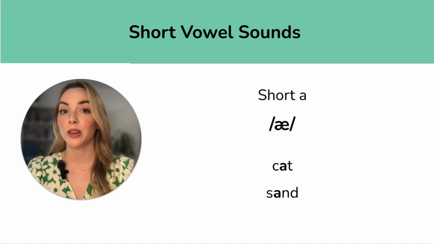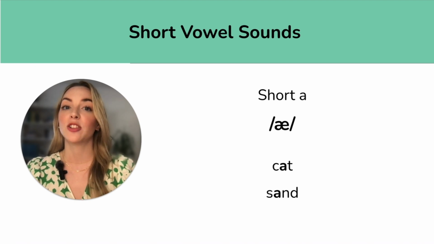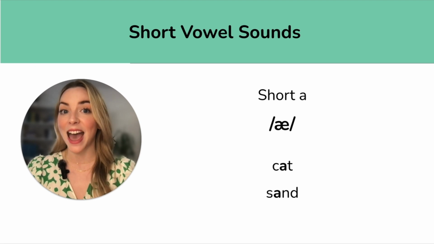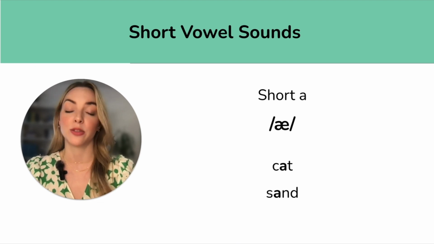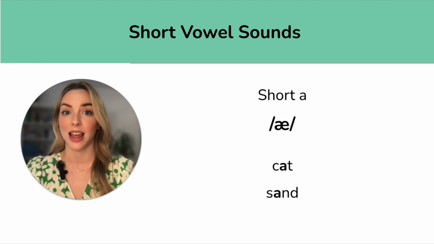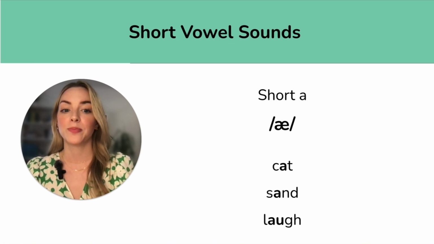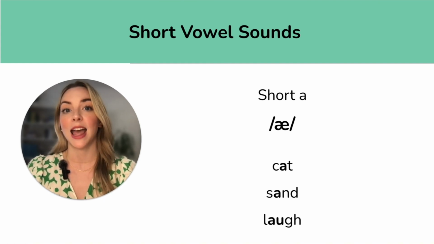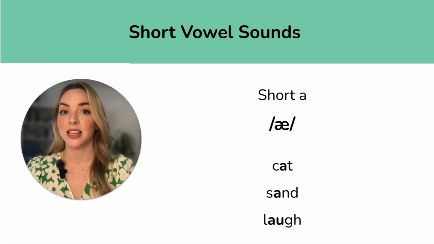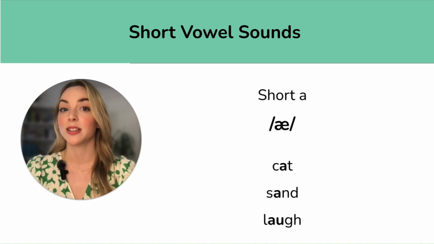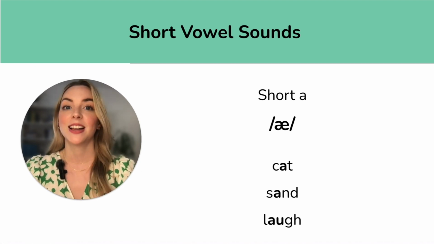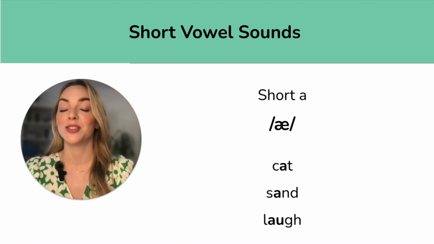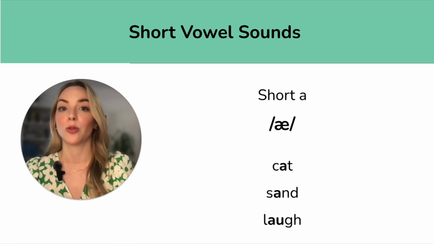Now, because we've already established that English is not phonetic, short A does not always take the form of the letter A. Take the word laugh. Laugh. So here, the vowels are A and U, and these two vowels together make the short A sound. So that's why IPA is so important in American English.